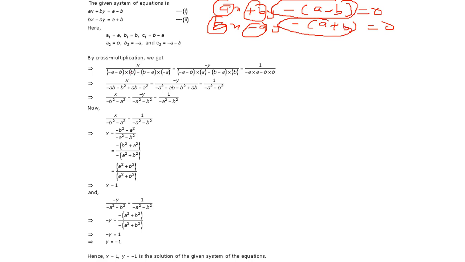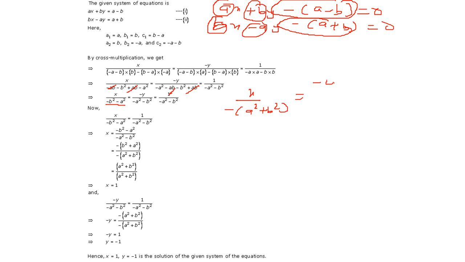So just cross multiply, and whatever comes, you just need to see what all get cancelled. Here this minus ab plus ab will cancel. Here also this will cancel. And if you take this minus a, if minus common, this will be simply x by minus a square plus b square.